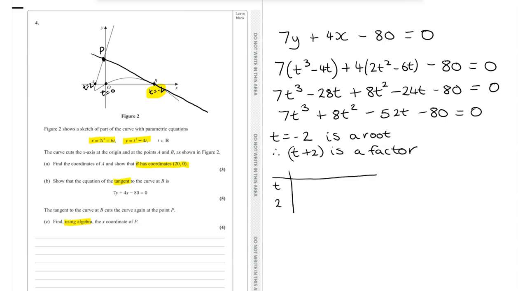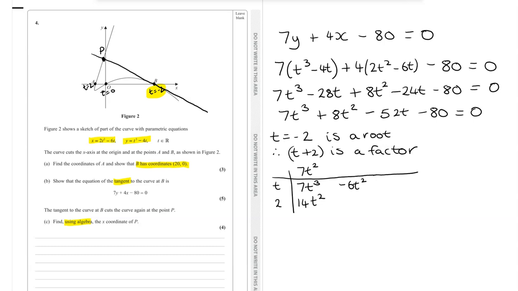And this might upset some people, that I'm going to do polynomial division like this. But whichever way you do it, if you do long division, that's absolutely fine. Do whatever works for you at this stage. So I'm looking to make the 7t cubed. So I know I've got 7t squared there. And I've got 14t squared there. Now 14t squared, I need to have a plus 8t squared, so I need a minus 6t squared.